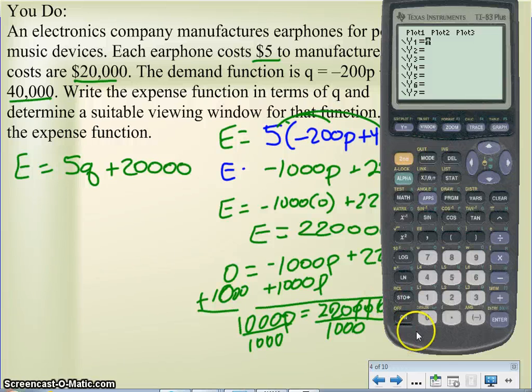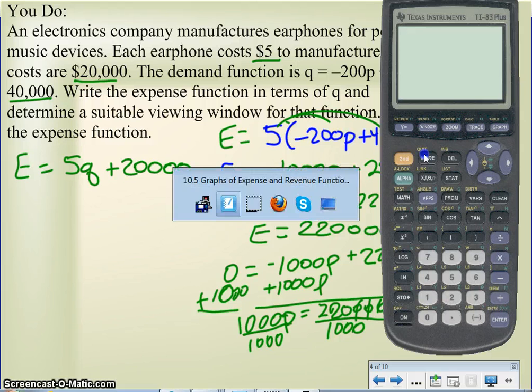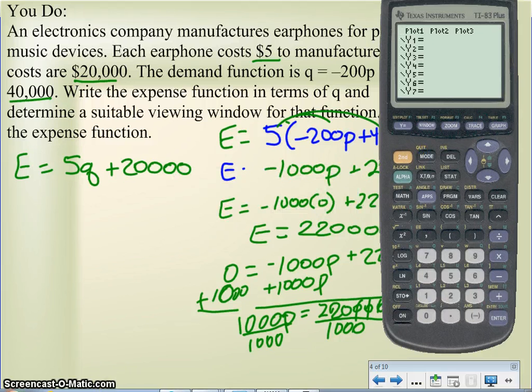So we have negative, and again, I'm sorry, sometimes the calculator actually locks up, so let me see if I can get it to go back. All right, so we have negative 1,000, and we're going to use our X, plus 220,000.